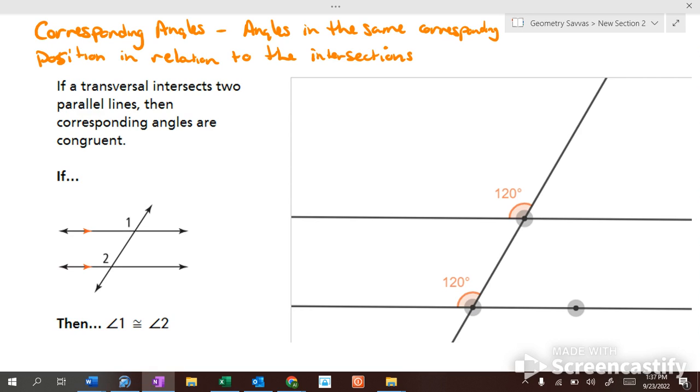So angles in the same corresponding position in relation to the intersections.